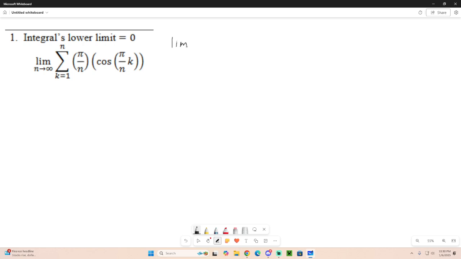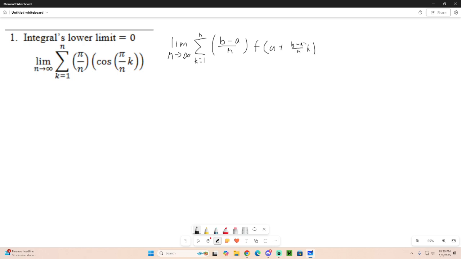You remember that the limit as n approaches infinity of a summation from k equals 1 to n of, at first, our delta x, or our change in x, is b minus a over n times f of a plus our delta x, b minus a over n times k.